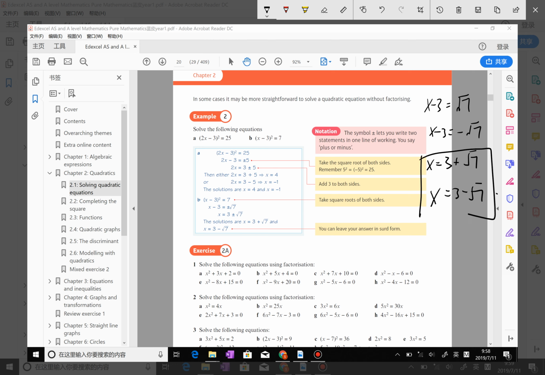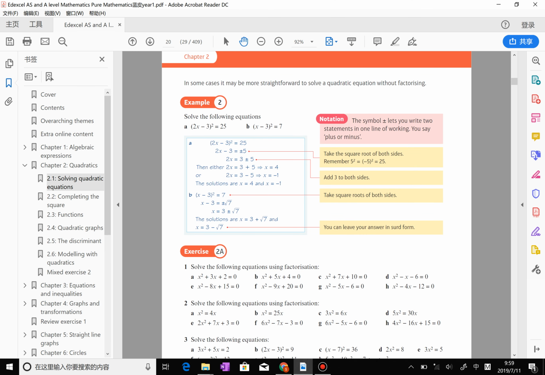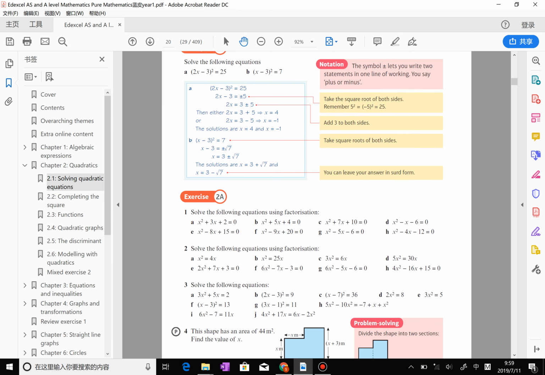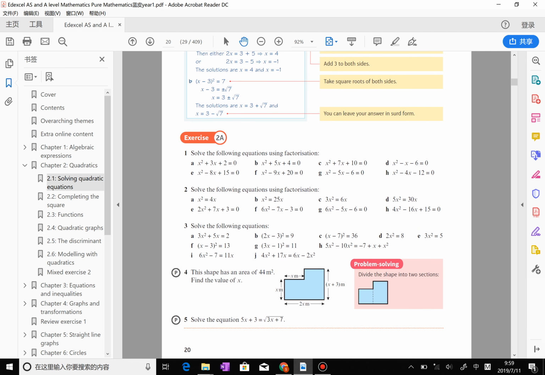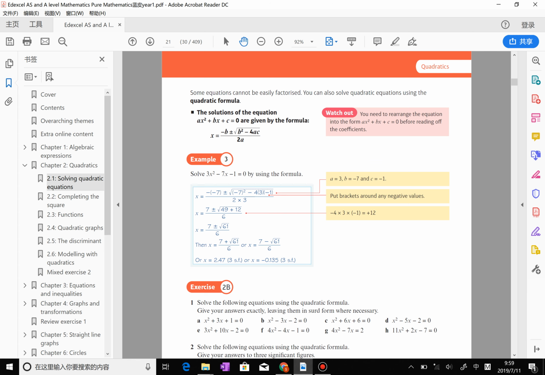These are the two solutions for the equation. For 2.1, you have many exercises you could do. You can pause the video, try to solve them all, and check the answers in the book. Hopefully you get them all correct.